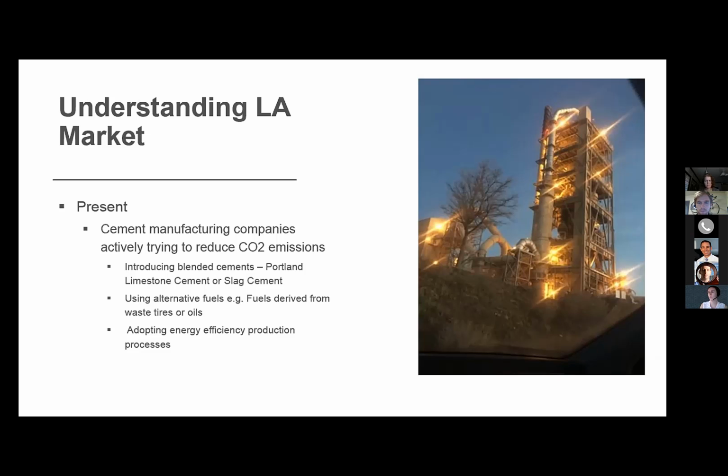So we're not burning the limestone, we're introducing it after the kiln and grinding it into the cement. So essentially you have cement that has 15% ground or blended limestone in it.